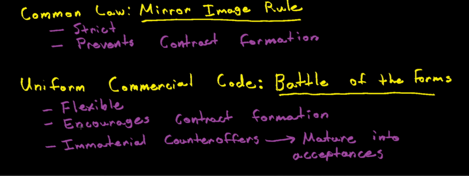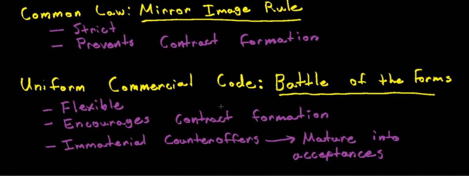And so the approach of the Battle of the Forms is basically when you make an immaterial counteroffer where you accept all of the material terms but make some changes about immaterial provisions, such as the date in which the contract will be executed.